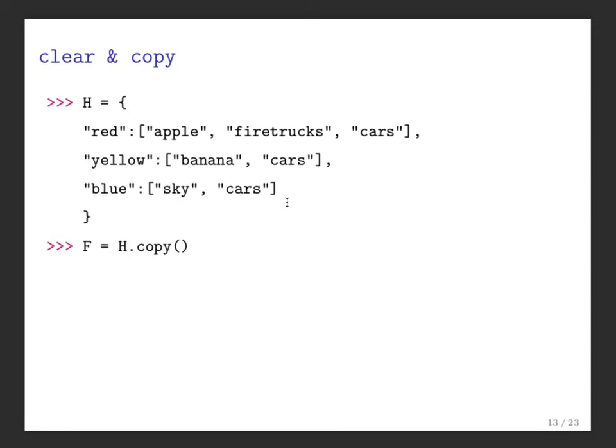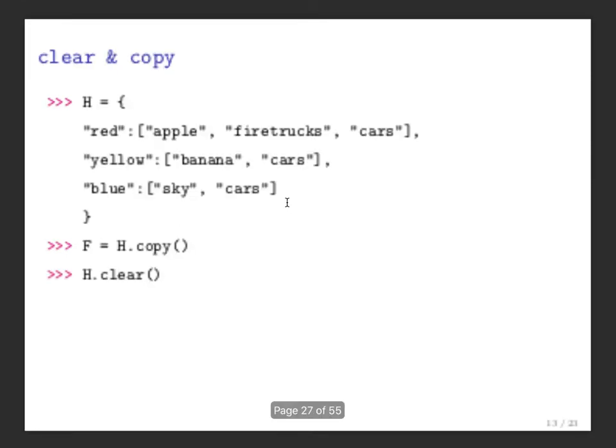Clear and copy. So dictionaries have the same problem that lists have, and that when you equate them, you're actually equating pointers. So you have copy in order to make real copies of things. So if I take H and I make it this dictionary, and I make a true copy of it into F, I can say then H.clear, which is going to delete the dictionary.